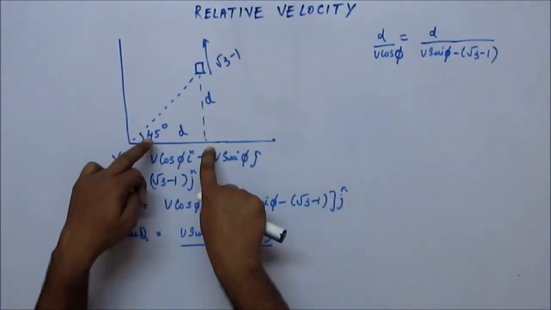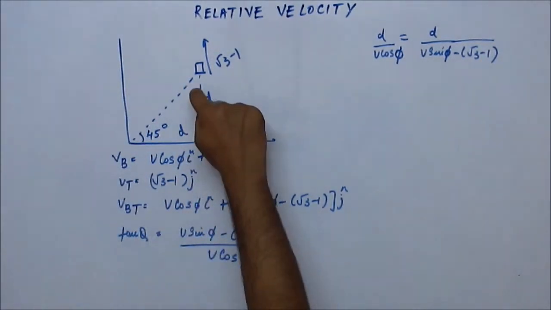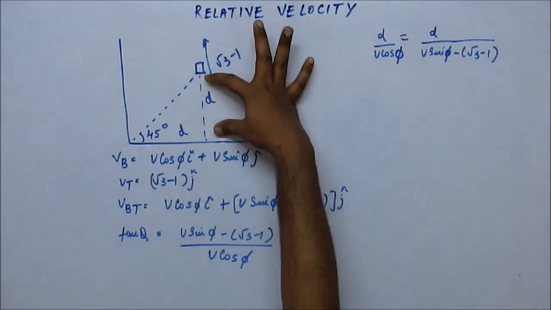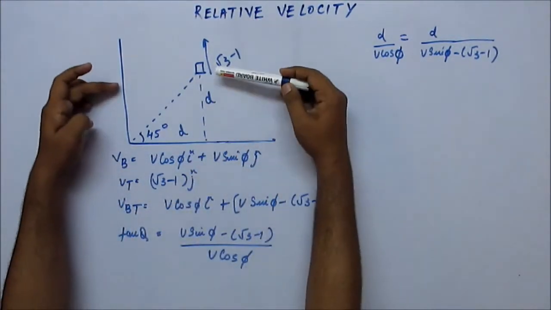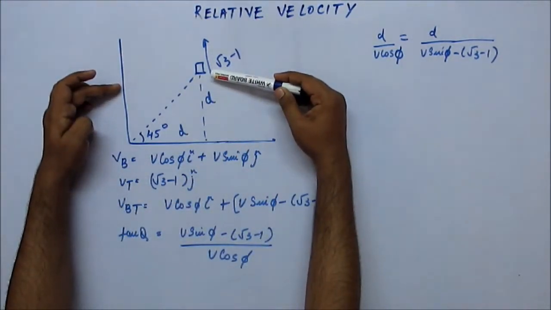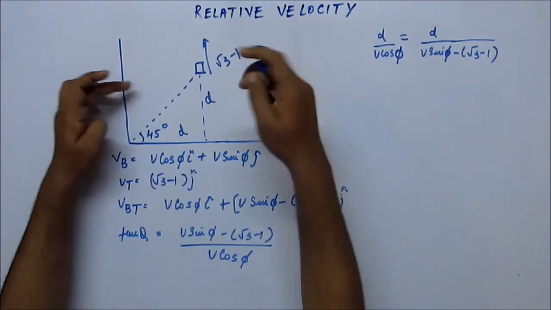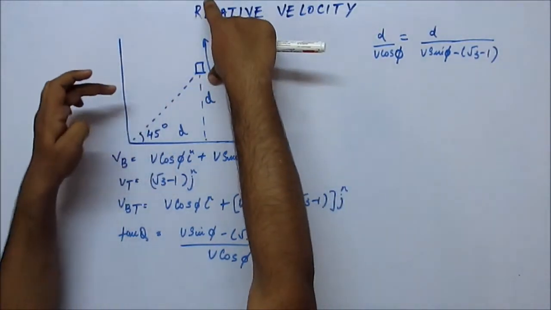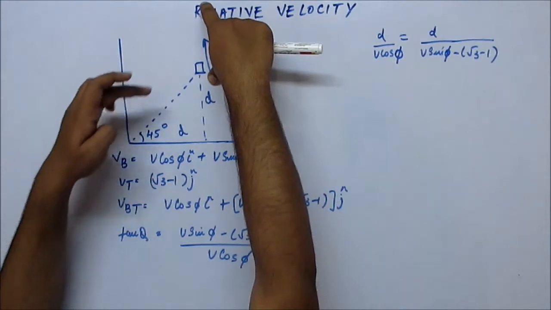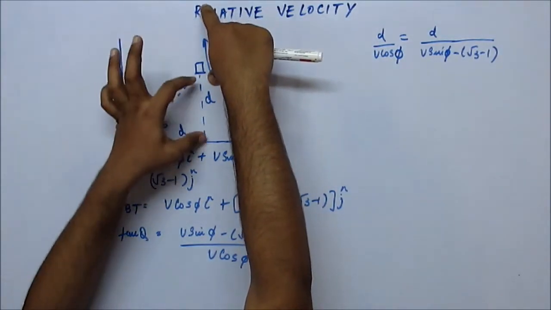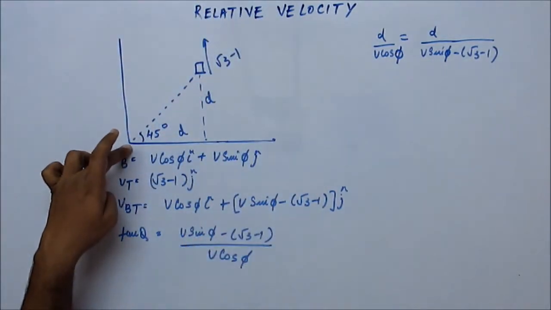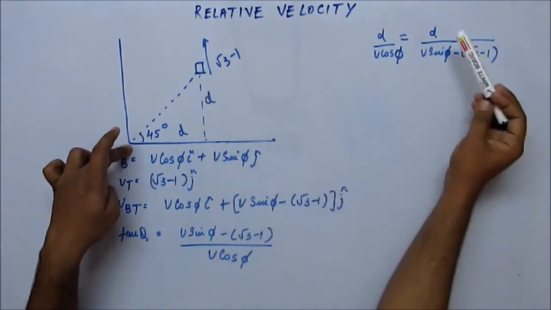Now since this angle is 45 degree, this angle is also 45 degree, then this distance is also d. So the displacement which the ball is going to have with respect to trolley will be d. If the trolley moves by a certain distance, then the ball, in order to hit the trolley, will have to go that certain distance plus d, because ball is starting from origin. So the relative displacement of the ball along y-axis is also going to be d.